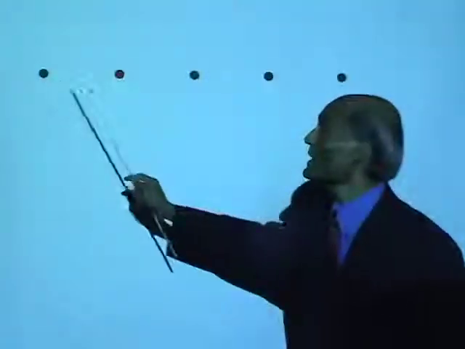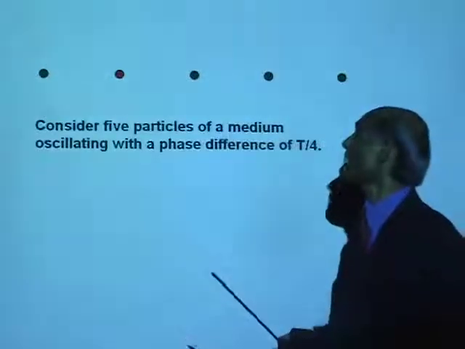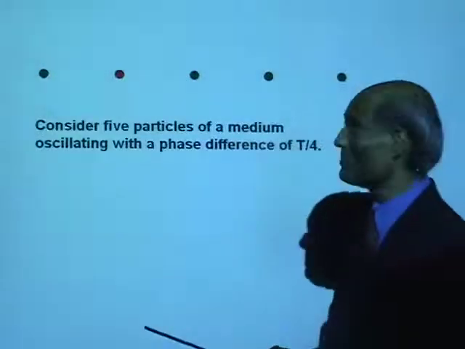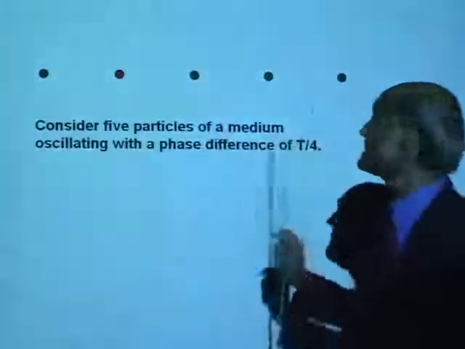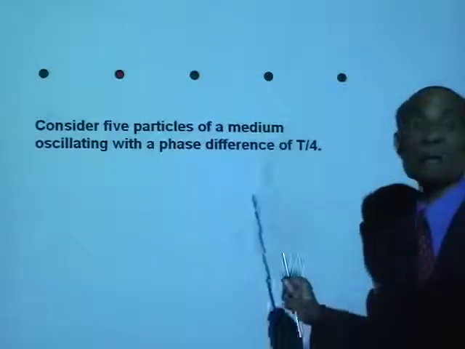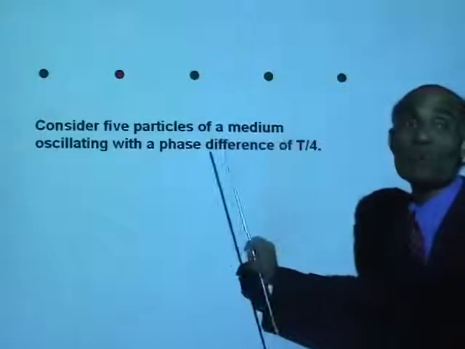Alright, now here I have how many particles? 5 particles of a medium. Consider 5 particles of a medium oscillating with a phase difference of T by 4. What is the meaning of a phase difference of T by 4?